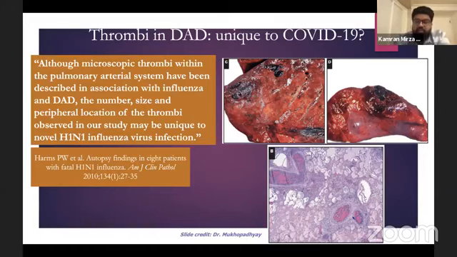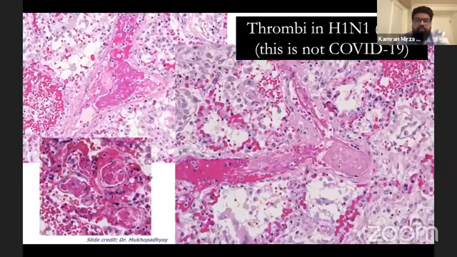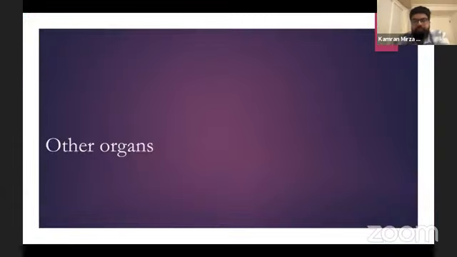However, in general, the presence of thrombi, unless proper studies are done looking at their location or their findings, would not be very specific to COVID-19 infection, because, for example, here, these are the same microthrombi that we've been looking at along with some diffuse alveolar damage, but these microthrombi were from H1N1 and not from COVID-19.